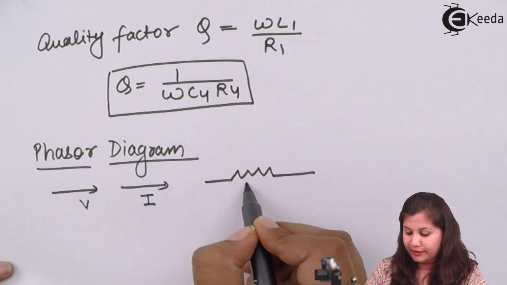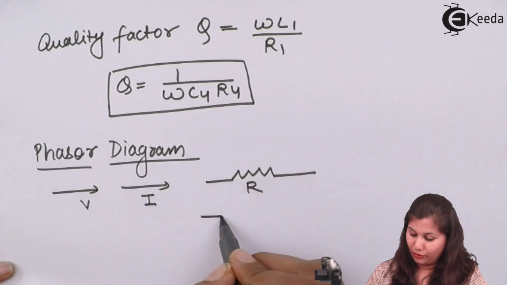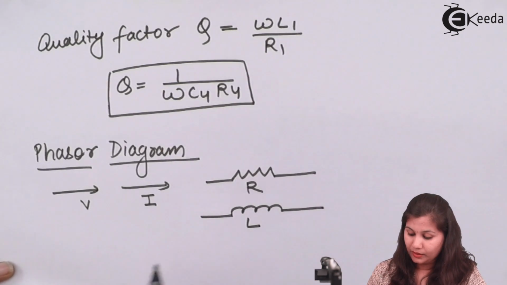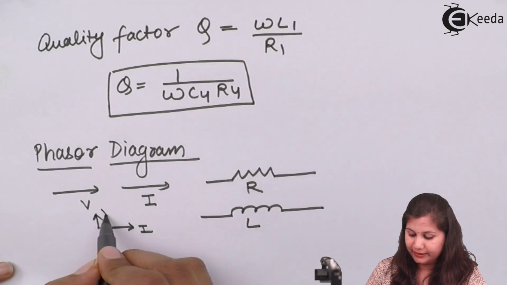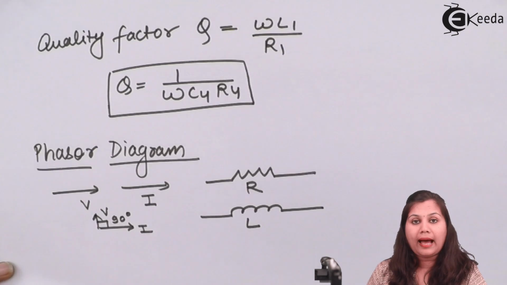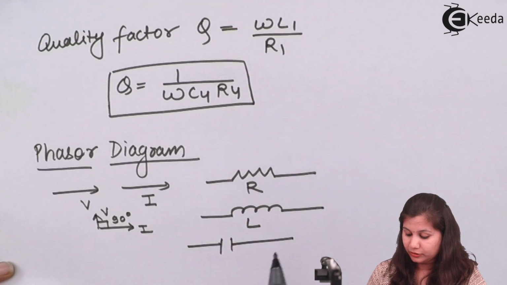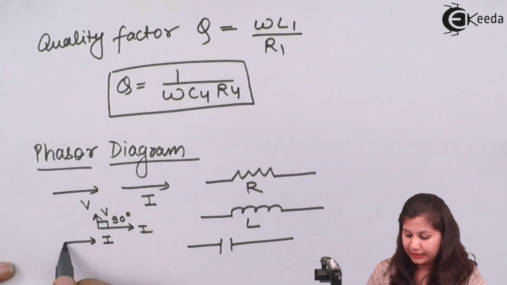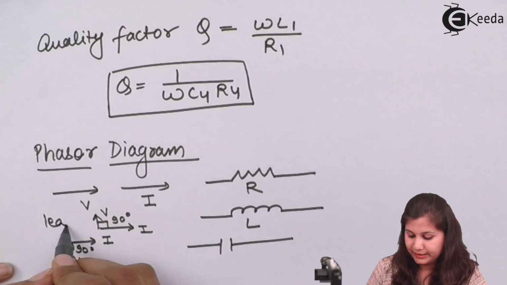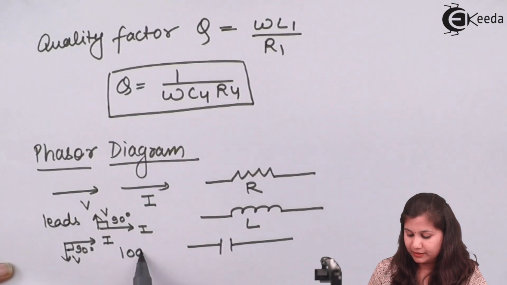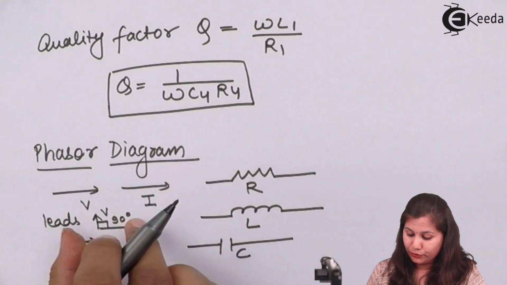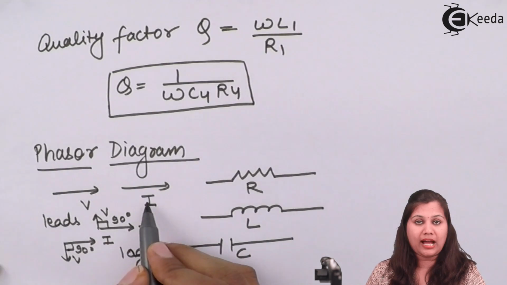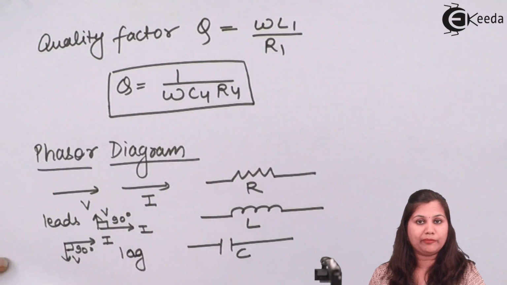In the case of an inductor, the voltage leads the current by 90 degrees. And in the case of a capacitor, the voltage lags the current by 90 degrees. So we are going to use this relationship between voltage and current to draw the phasor diagram for the bridge.